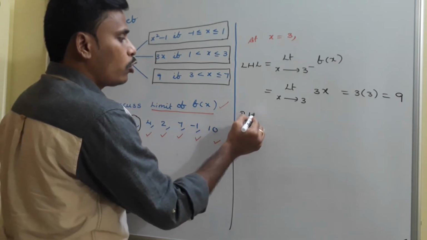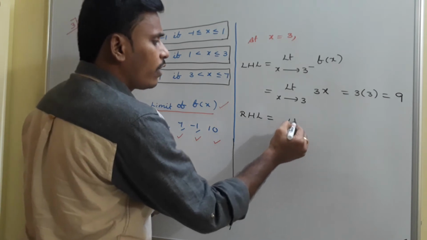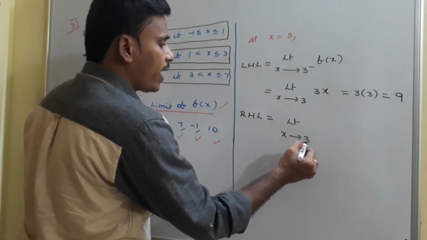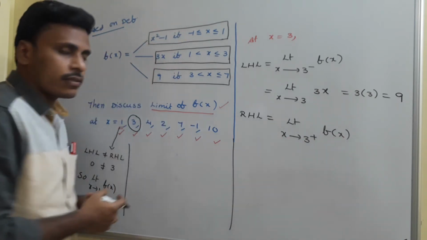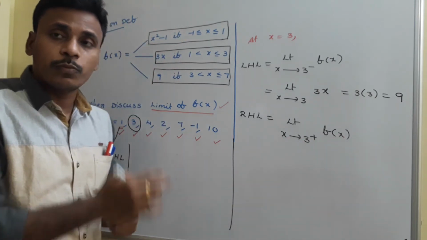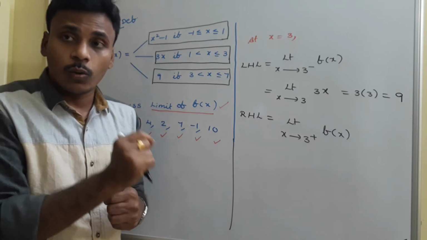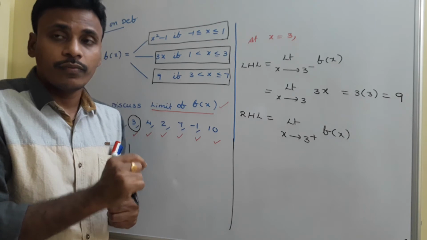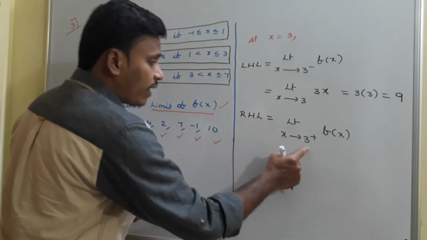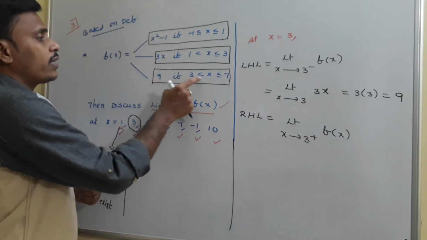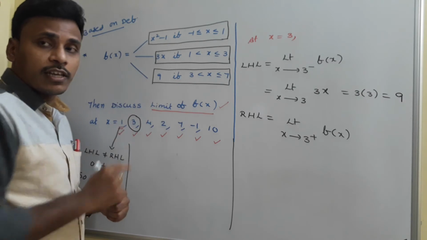Now what do you say about the right hand limit? See, right hand limit means the notation is this: limit x tends to 3 plus f of x. Again, x tends to 3 plus means two aspects. One, x is more than 3. The other one, x is nearer to 3. x greater than 3, x approaching 3. x greater than 3, use it and replace f of x with this function, which means 9. 3 less than x means x greater than 3, right?